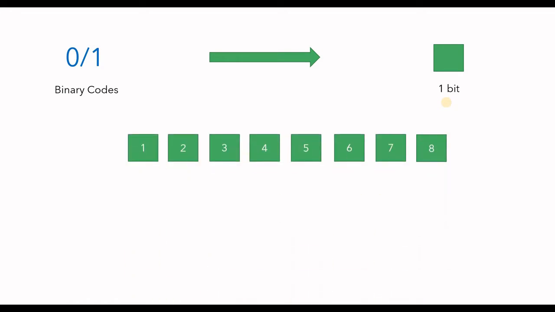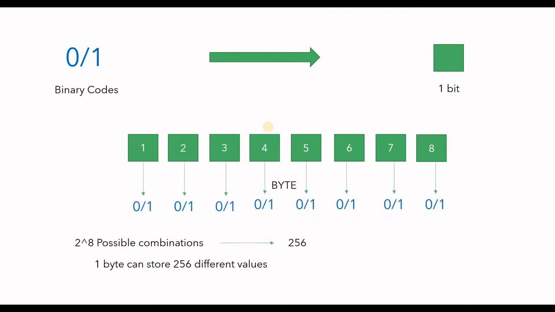Now, if we have a collection of 8 bits, it's called a byte. Okay, so all of these blocks will store either 0 or 1. And if we look at the total possible combinations using permutations and combinations of your class 12th, you can say that there are 2 to the power 8 possible combinations, which gives out 256. That simply means that one byte can store up to 256 different values.